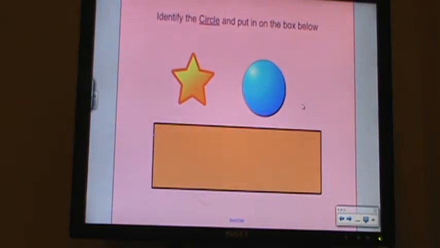I will ask the students to raise their circles up high in the air. I will tell the students that the circle is a geometric shape that has no sides. I will ask the students for a volunteer. I will have a student come up to the Smartboard, identify the circle, put it in the box.